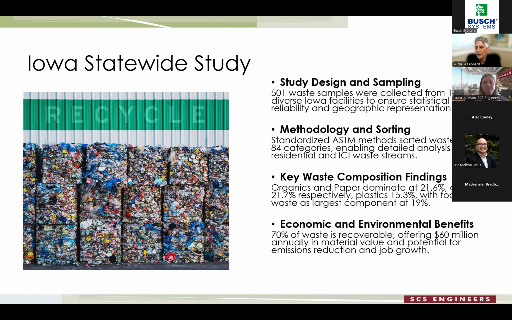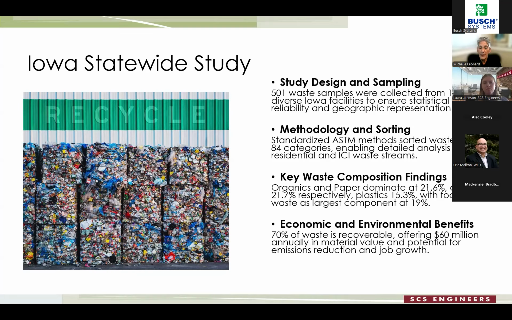And I believe we'll be providing a link to you later in the webinar to that study, which is available on the Iowa DNR website, where you can dive into more of the details. We did a detailed analysis of residential as well as the industrial and commercial waste streams.